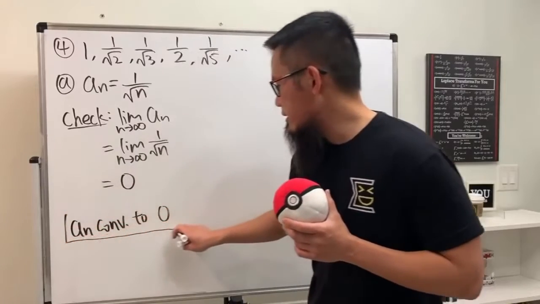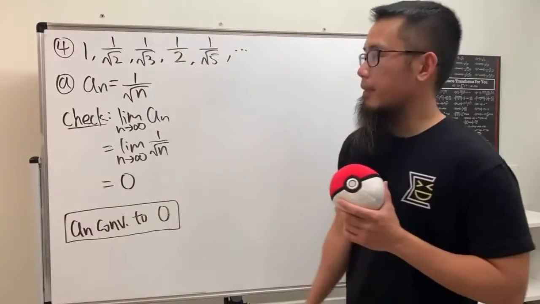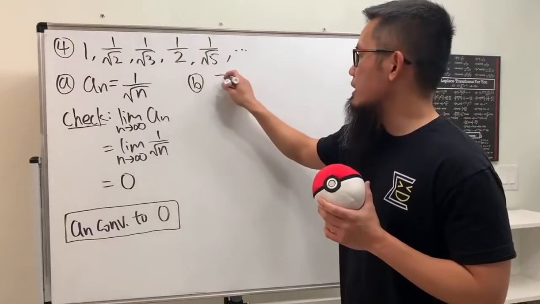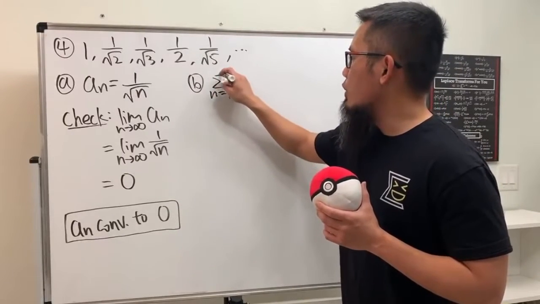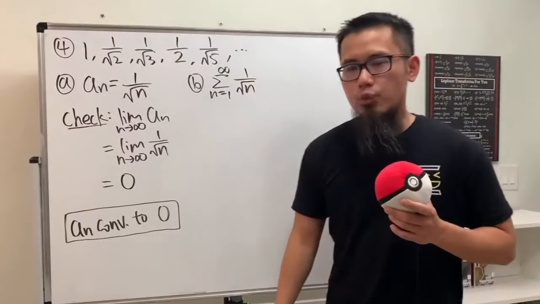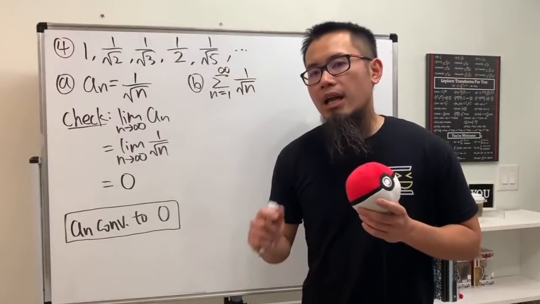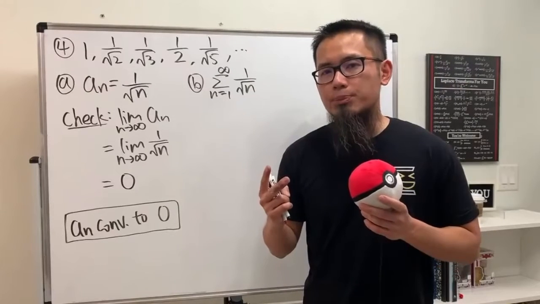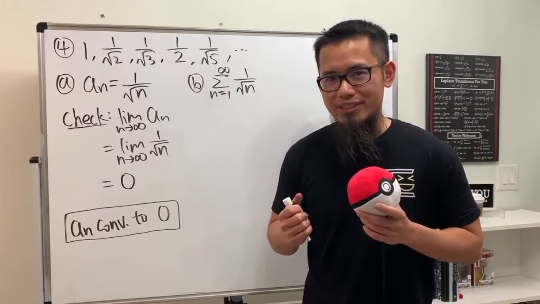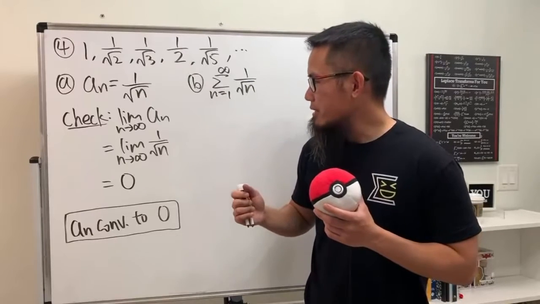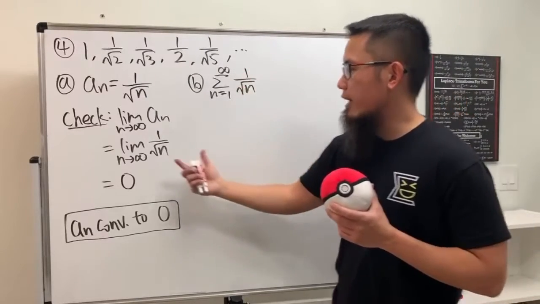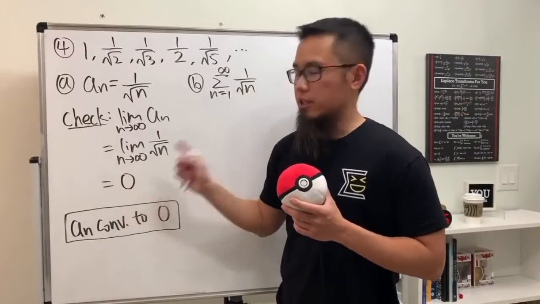So this is very nice. Right? Now, for the second part, we are going to see if the series as n goes from 1 to infinity, 1 over square root of n, converges or not. I showed you guys 2 questions previously, right? Number 2 and number 3. Now we can just use the test for divergence. Well, this time though, if you take the limit of 1 over square root of n, which we did, we will end up with 0.